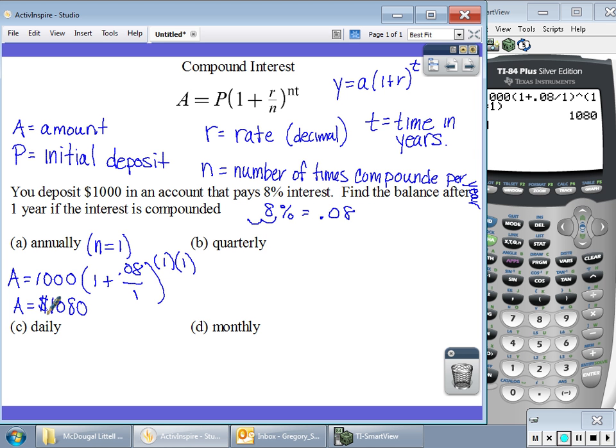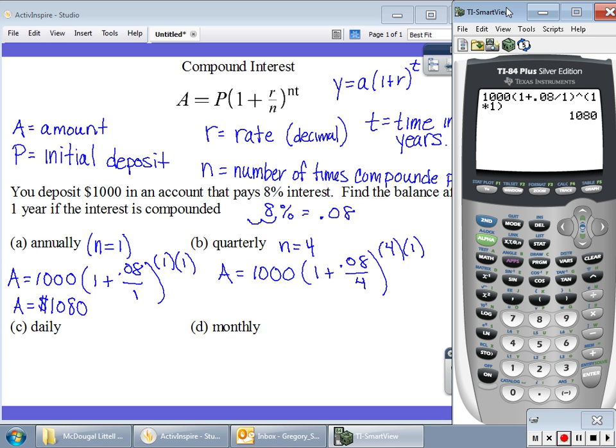Now quarterly, how many quarters are in a year? Think about how many quarters are in a dollar. There's 4. So N is equal to 4 if you're compounded quarterly. Same deal, it's just that we're going to change our N from 1 to 4. And again, it's still T equals 1 year.